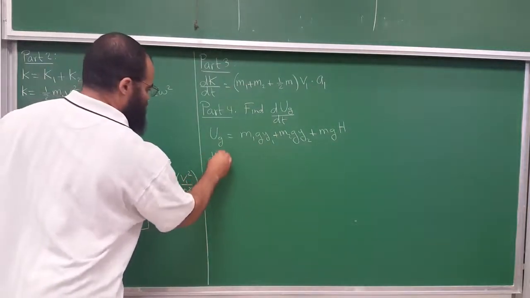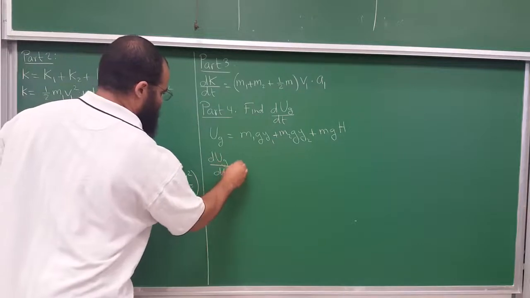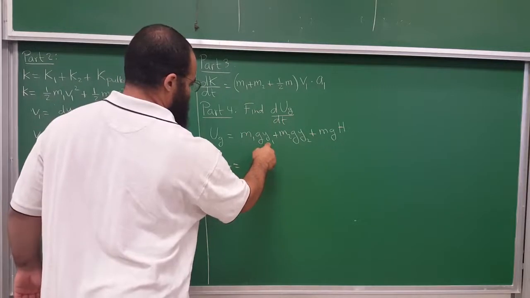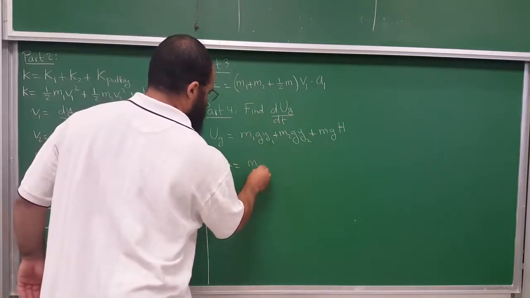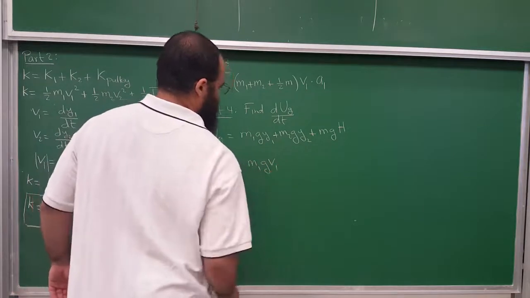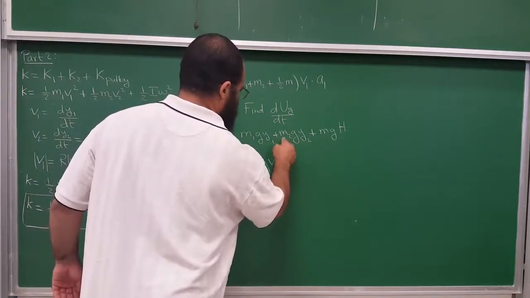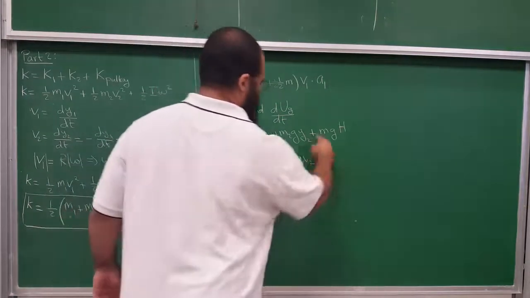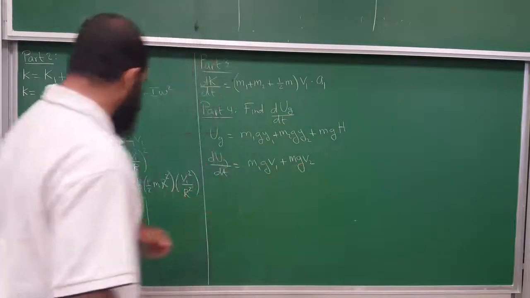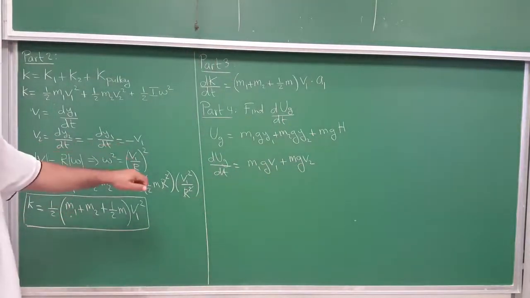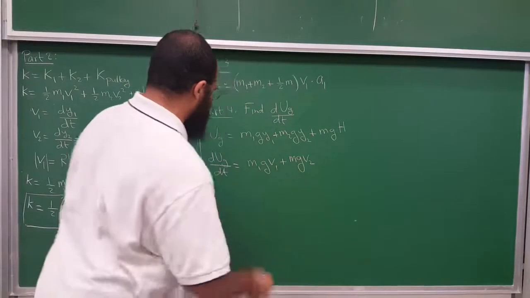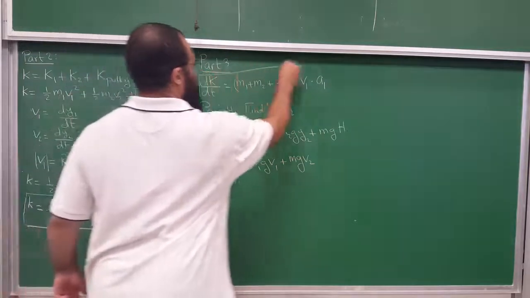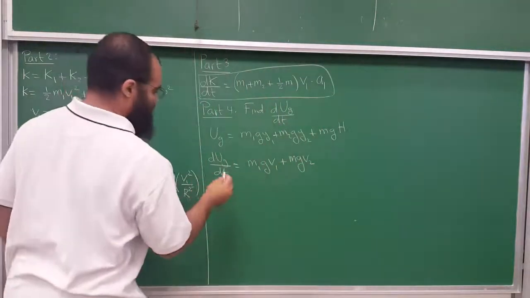So dU g dt will equal, let's take the derivative. You have m1 g dy1 dt, but that's v1. So m1 g v1, and then plus m2 g v2, and then that one is 0. But remember, v2 is negative of v1, so I will replace this by negative v1. Let me put a box around this one here, we'll probably need it.